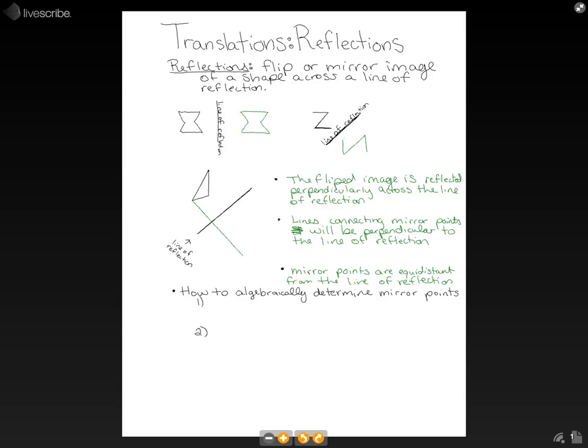For the middle vertex here, we have this perpendicular line, and for the top vertex we will have this perpendicular line. So now we have our lines, but we don't know exactly where our new image will fall on those lines. That's why we need to measure the distance between the line and the points on the opposite side, because we know that'll be the same on our mirrored side.